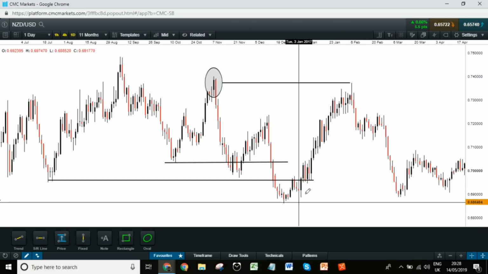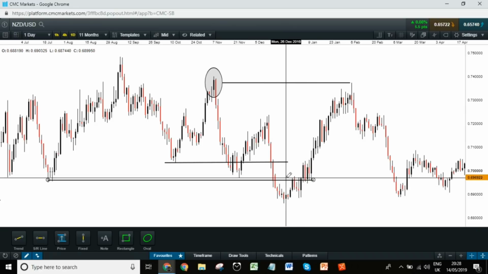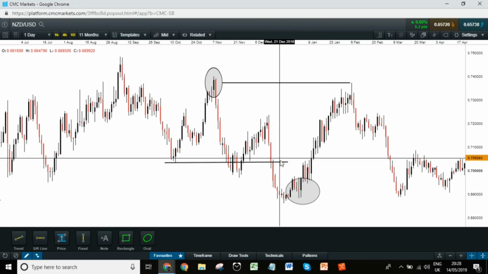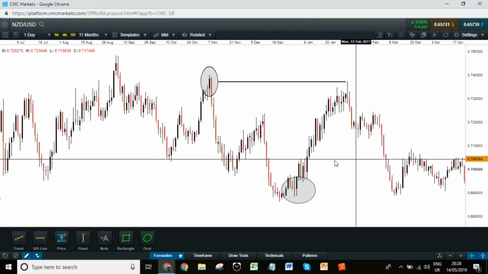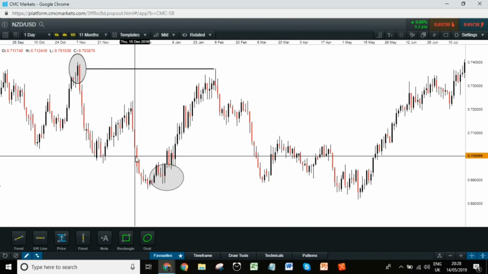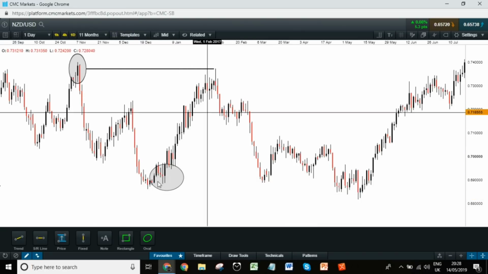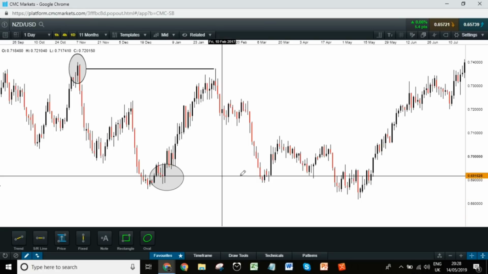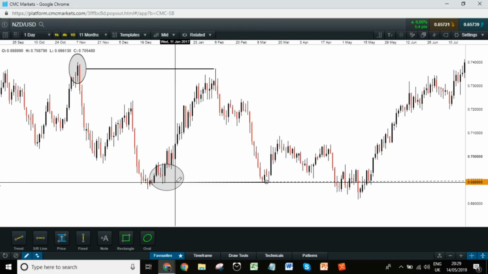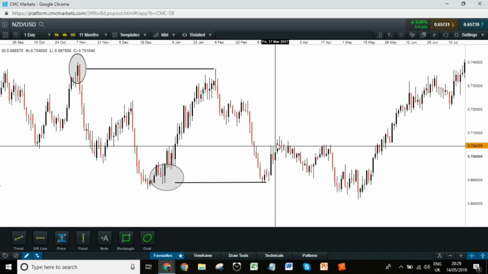And back down here again, we have another extreme. Let's just get rid of these two lines now. Right, so we've got a drop, base, and a rally, and we have the market moving into that and then moving out again.